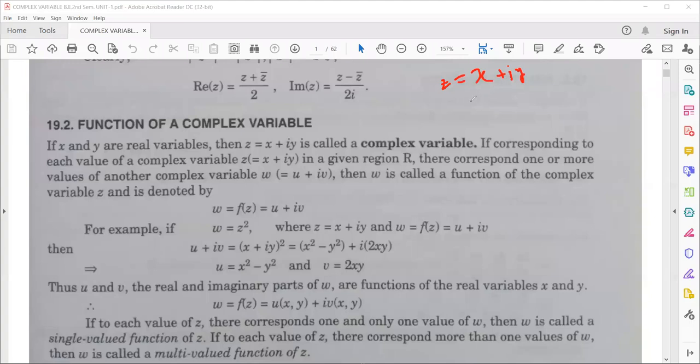Now see here, if x and y are variables, that means the values of x and y are not fixed. The values of x and y are changing. So if you go on changing the values of x and y, will the value of z remain fixed or will its value also change?